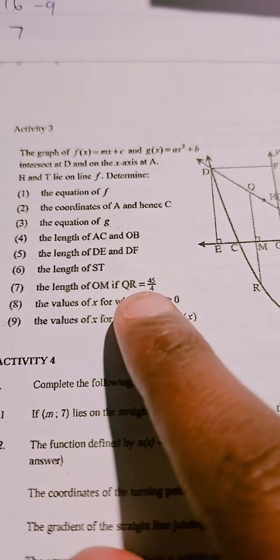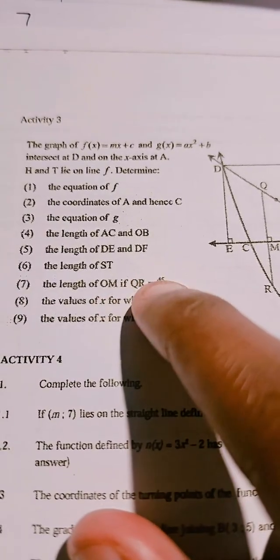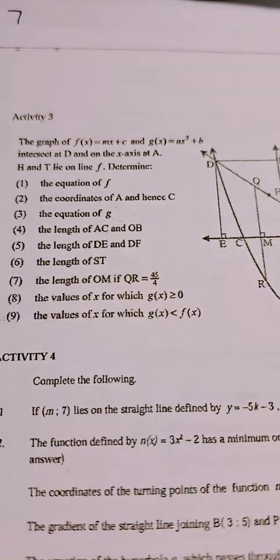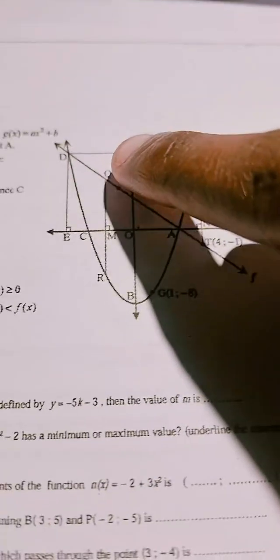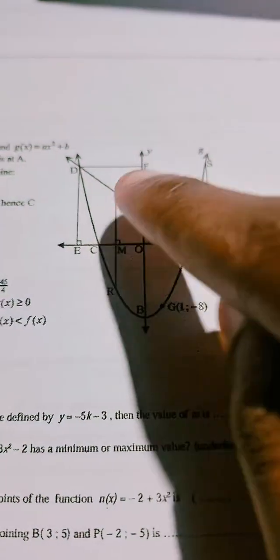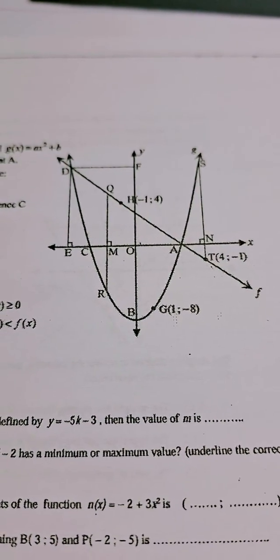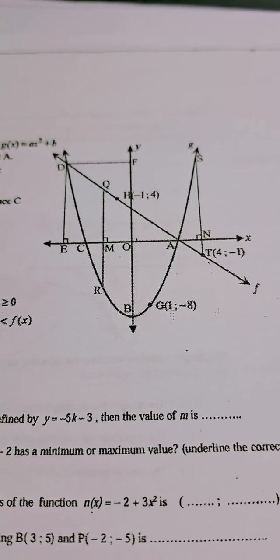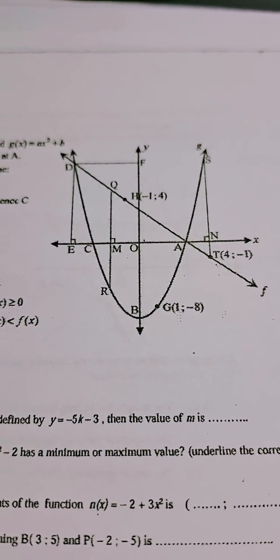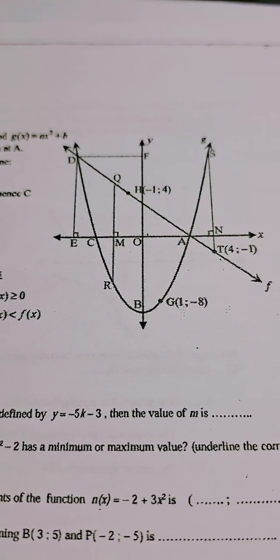So somehow I need to then use the fact that QR is equal to 45 over 4 to calculate the length of OM. So I look at Q and I look at R, and there's no coordinates of Q given, there's no coordinates of R given, and there's no way that I can find the coordinates of Q and R just like that. Not even by inspection.